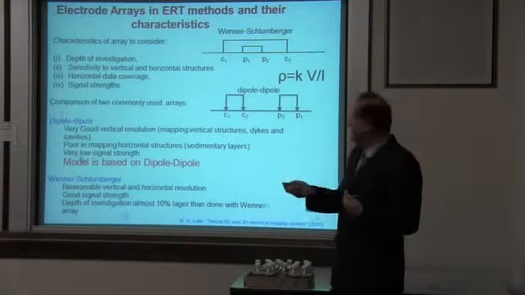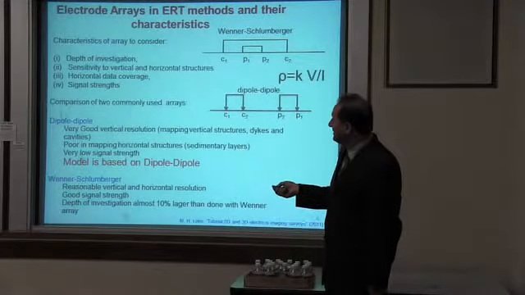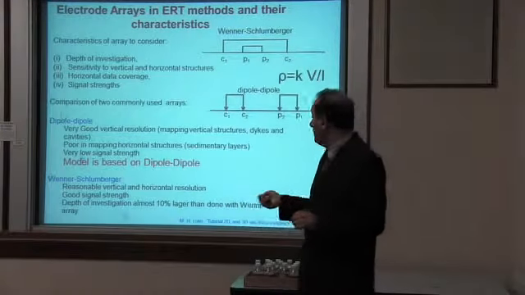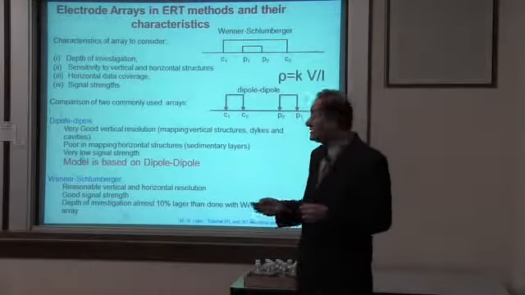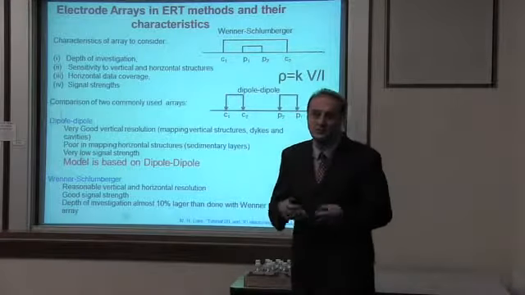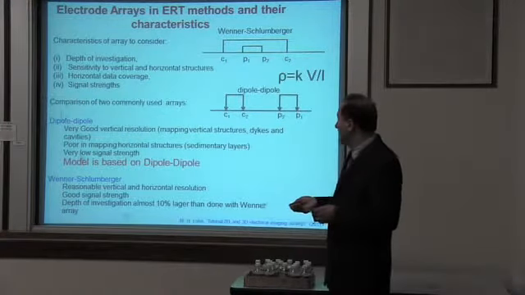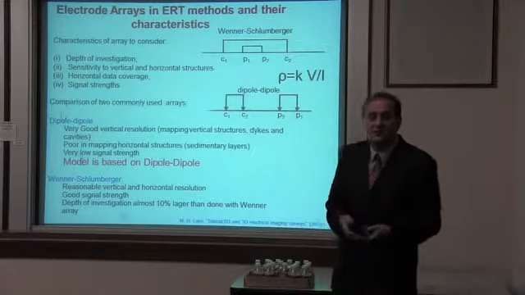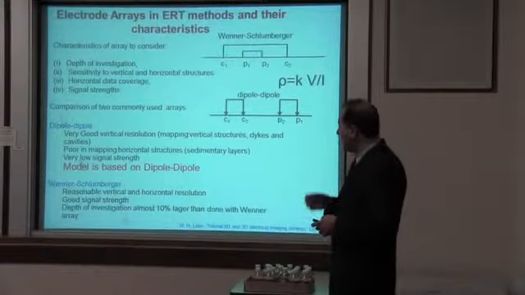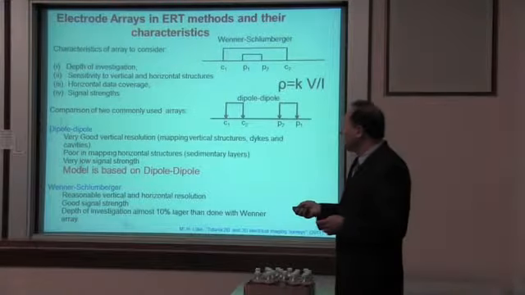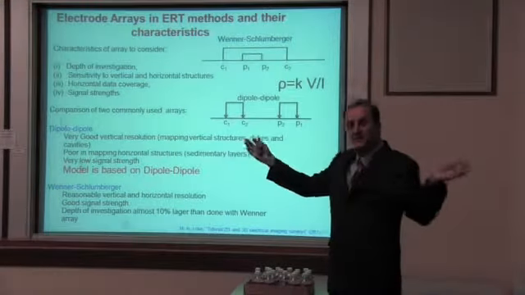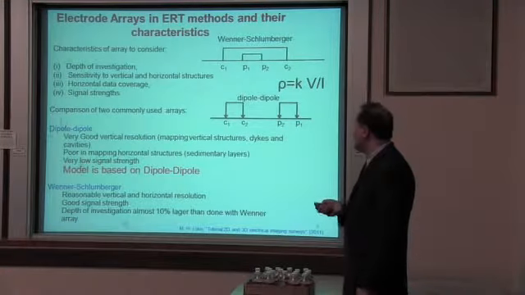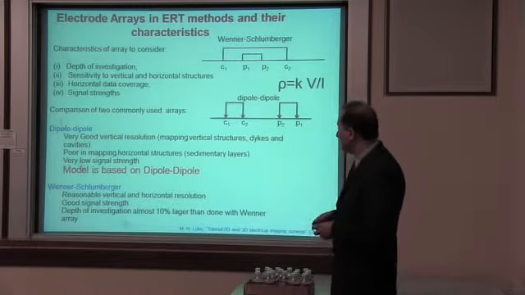As we see here, dipole-dipole has a good vertical resolution. So in order to map vertical structures like dikes and cavities, it's better to use dipole-dipole. If I want horizontal resolution, then it's better to go with another array like Wenner-Schlumberger. Dipole-dipole also has low signal strength as we go to farther offsets, so we have to take that into account.